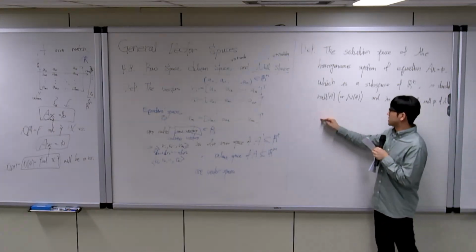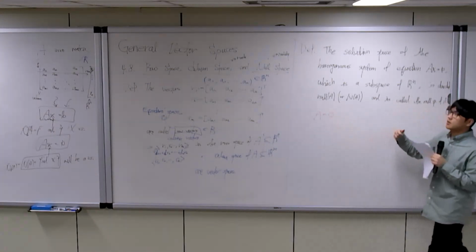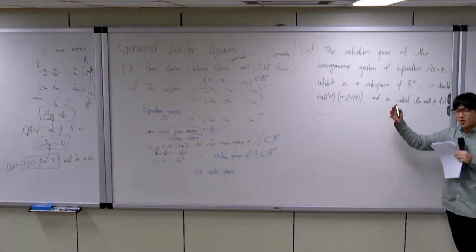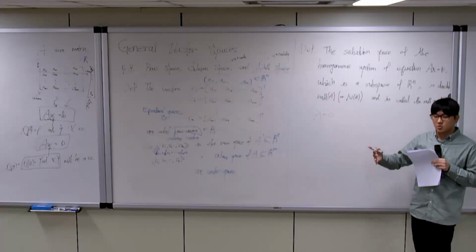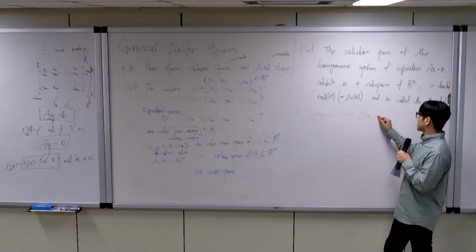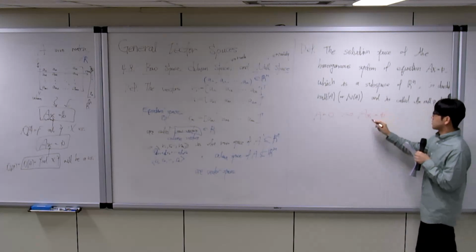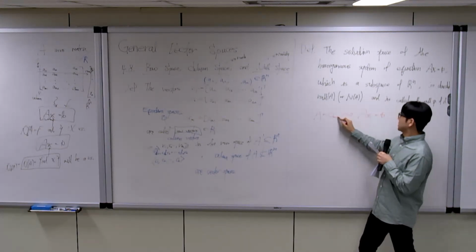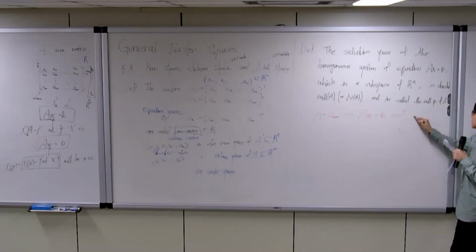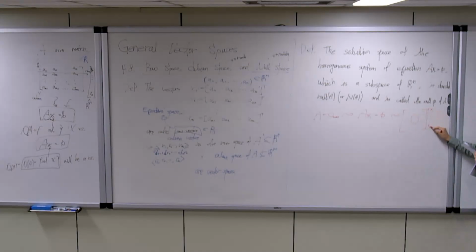When A equals 0, then the homogeneous equation will always have all vectors as a solution, because when you construct Ax equals 0 as a matrix, it means the 0 matrix multiplied by x1 to xn equals 0.